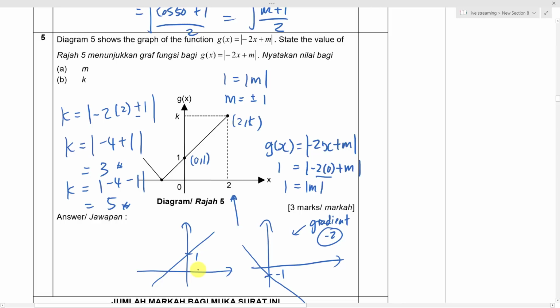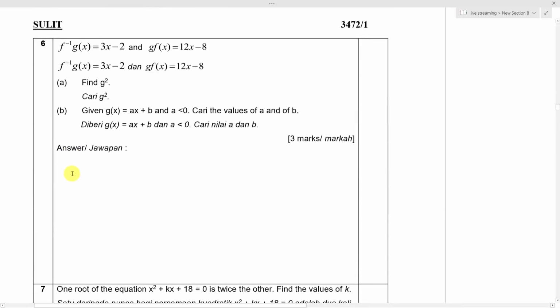M will be the y-intercept, I guess, because of the equation. So then we don't do plus 1, we just do minus 1, and we ignore this part. Okay, so I also agree because the gradient is negative 2.